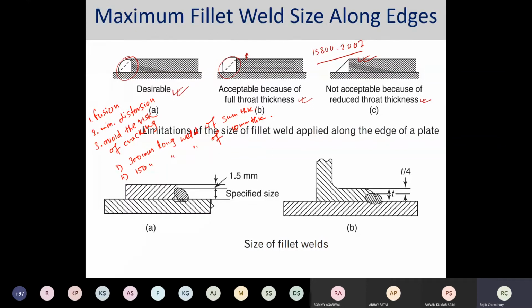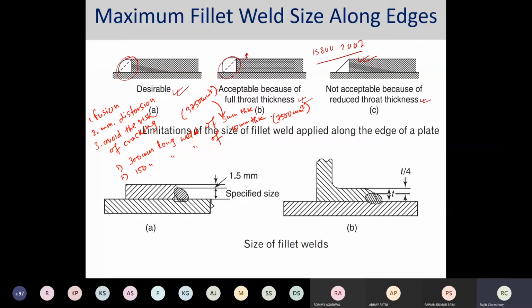What is the problem? The volume of the weld, which I have calculated here and which is also in many literatures: for a 10 mm weld, the volume becomes 7500 mm cube, and for a 5 mm thick weld, it is almost half, 3750 mm cube.